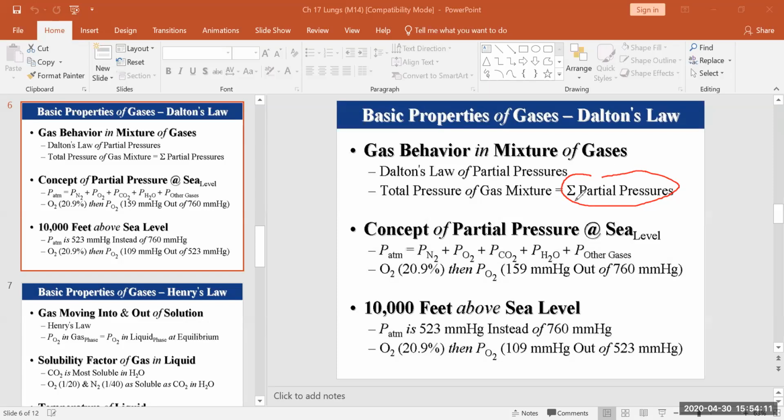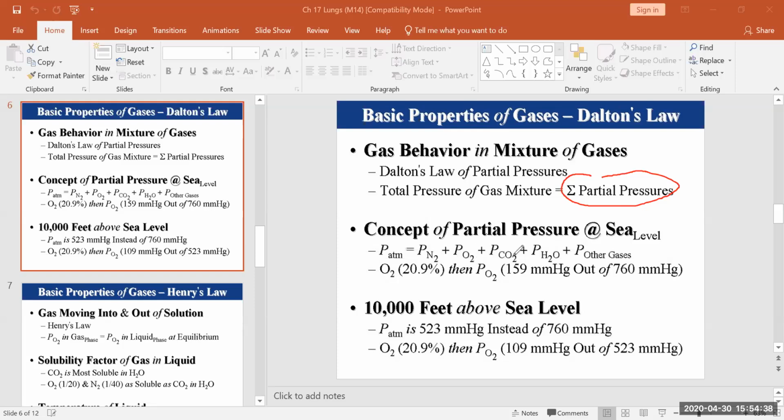Okay, so for example, the air in the atmosphere, ATM here stands for the ambient air. That air contains a mixture of different gases. Nitrogen is the most abundant in the air, slightly less than 80%. Less than 20% is oxygen.